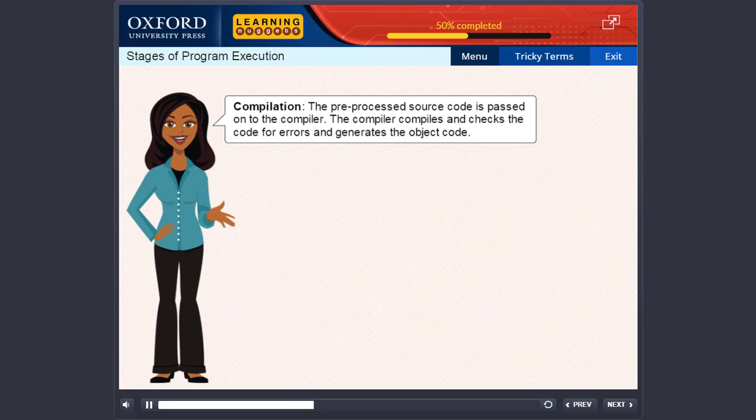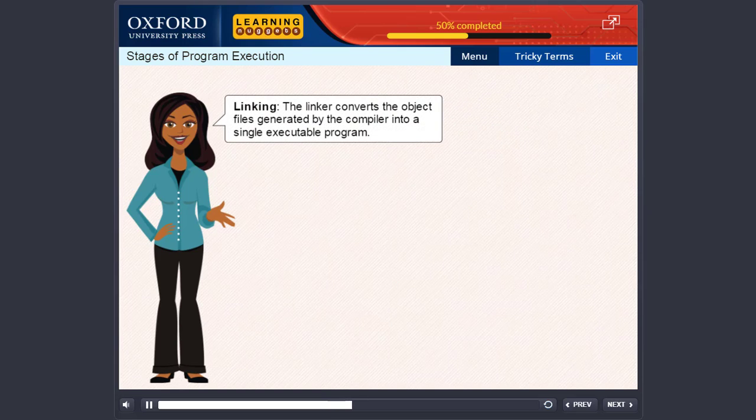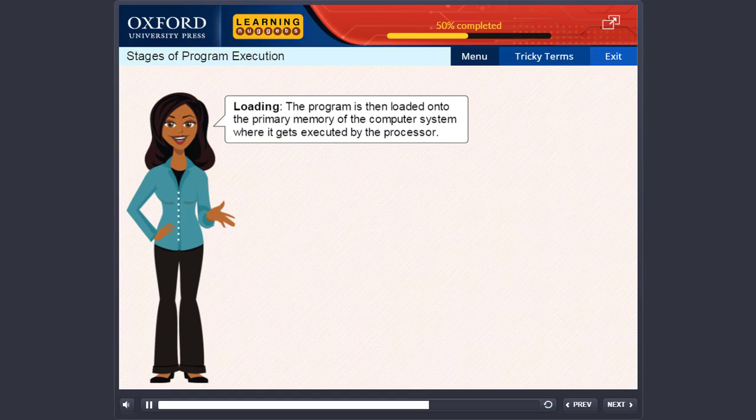The compiler compiles and checks the code for errors and generates the object code. Linking. The linker converts the object files generated by the compiler into a single executable program. Loading. The program is then loaded onto the primary memory of the computer system, where it gets executed by the processor.